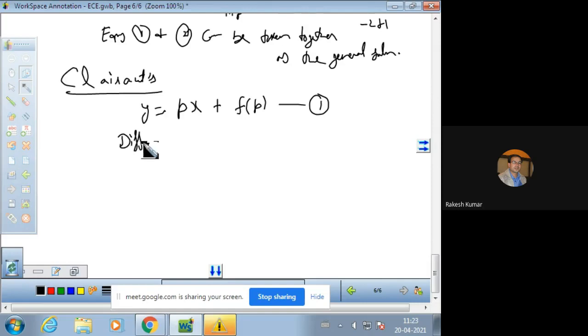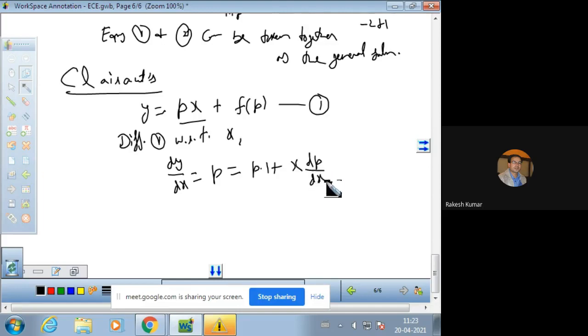So differentiating 1 with respect to x, you will have dy by dx, and that is p equal to, using the u into v formula, p into 1 plus x into dp over dx plus the derivative of f of p, that is f dash p dp over dx. So p and p are cancelled.